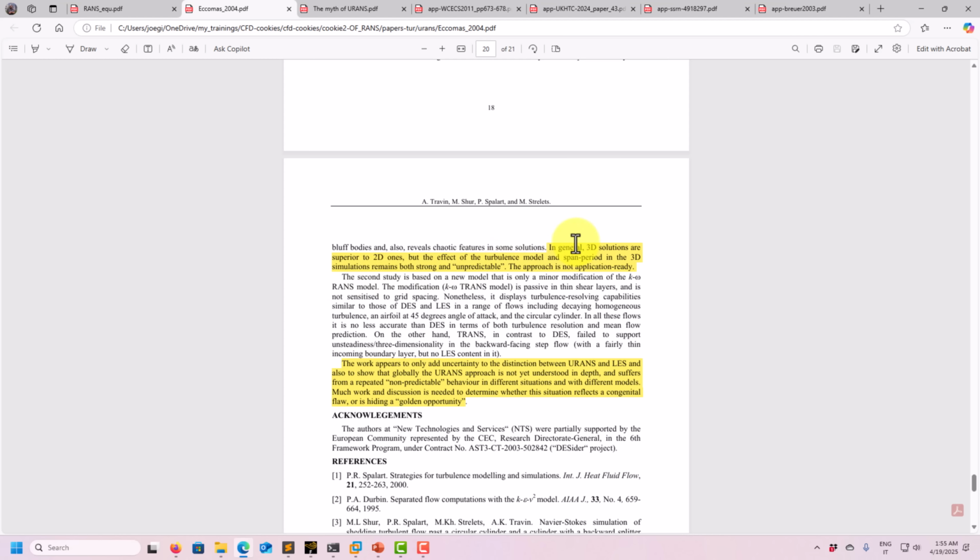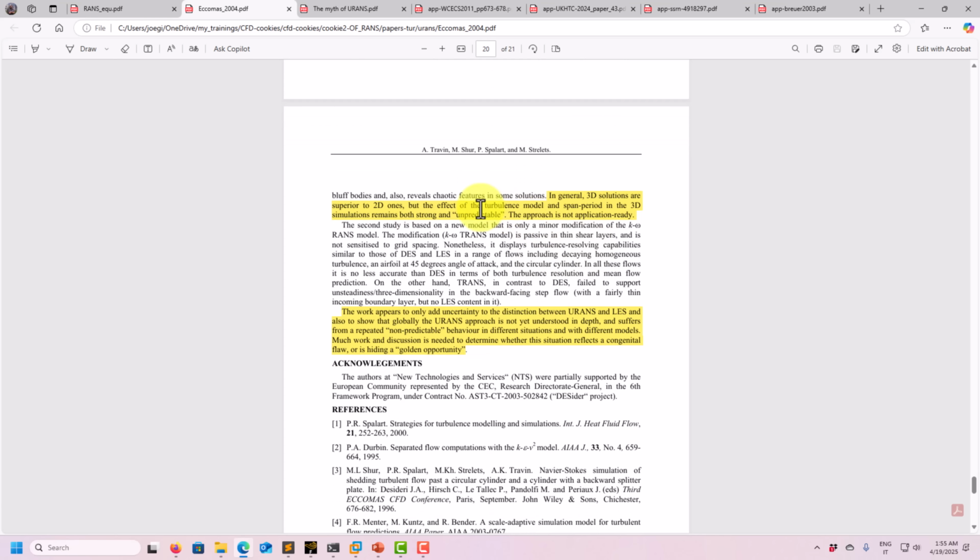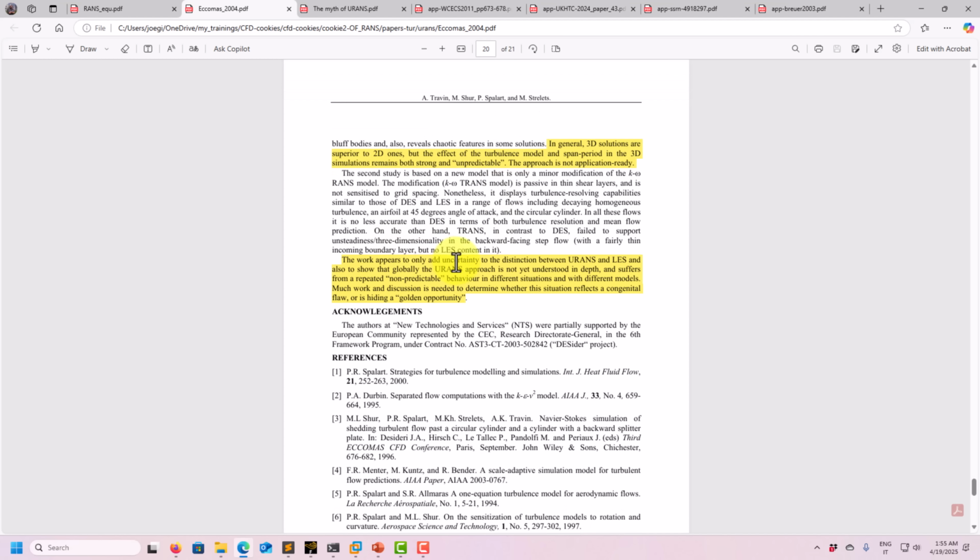So in 3D, you capture the right physics, but they still found that the effect in the span-wise direction is still very unpredictable. What happened with that vortex extraction, okay? It appears that there is uncertainty, and also to show now globally, the URANS approach is not yet understood in depth and suffers from a repeated non-predictable behavior in different solutions and different models.